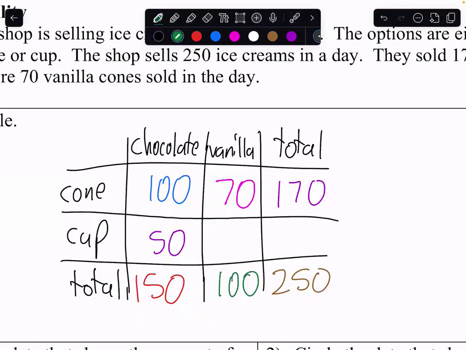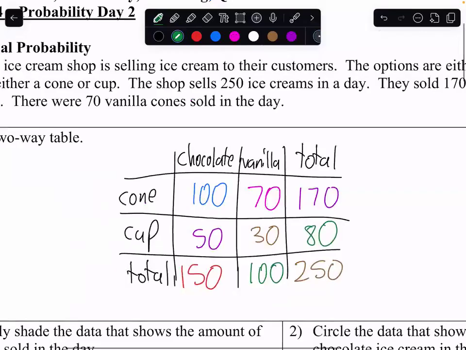Okay, here 100 total vanillas, 70 were cones, so the rest were in cups. 100 minus 70 would be 30. Okay, and then you can either subtract or add. So 30 chocolate cups plus 30 vanilla cups means a total of 80 cups overall.